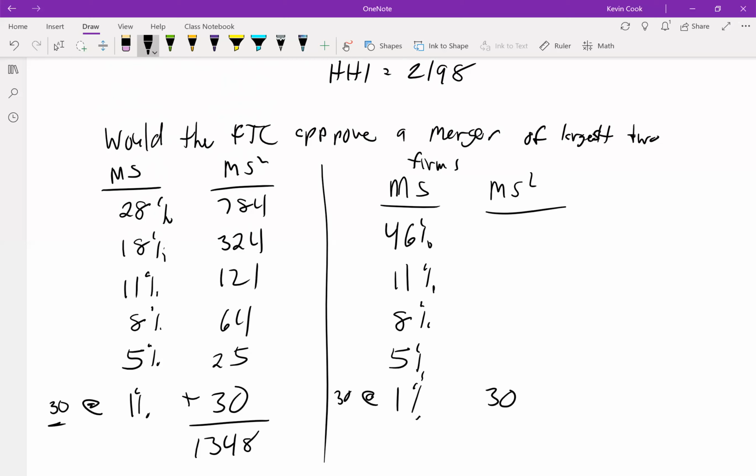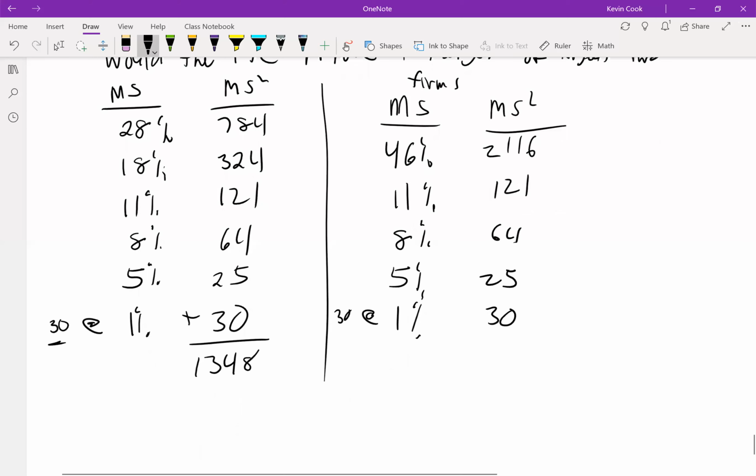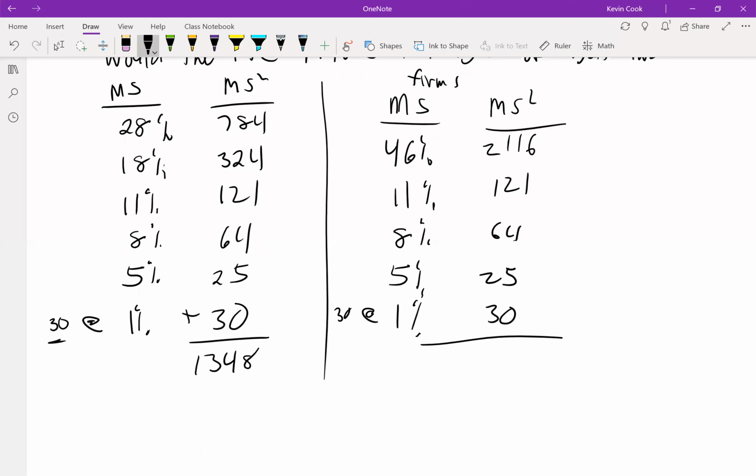So we have 46, 11, 8, 5, and 30, and I want to square all these. So our market share squared is going to come out to 2116, 121, 64, 25, and again 30. So our HHI for this one would be 2356.